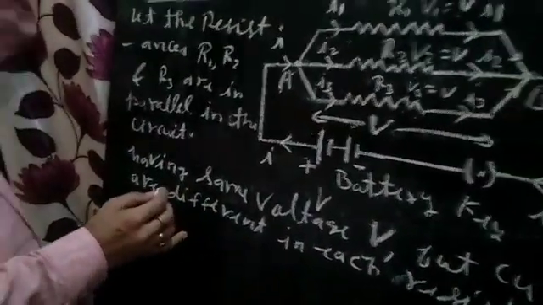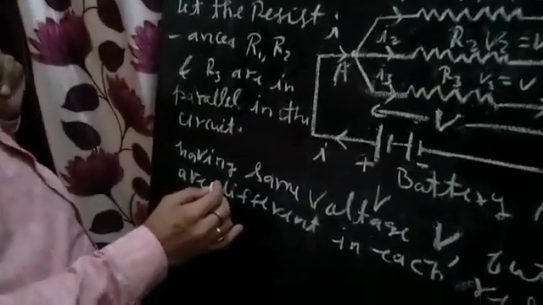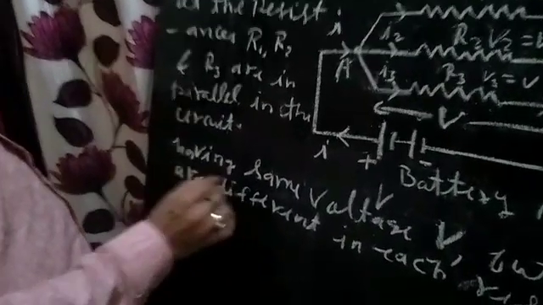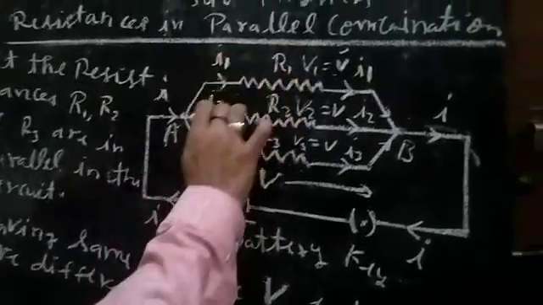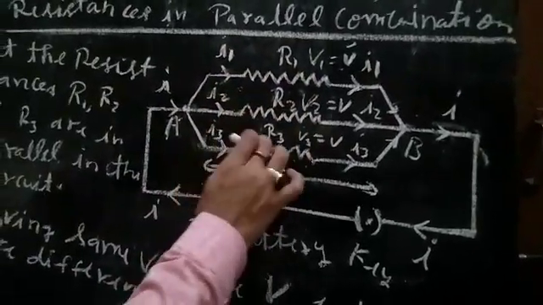Here the current I is distributed into I1, I2 and I3. Different current I1 here, different current I2 here, different current I3 here.